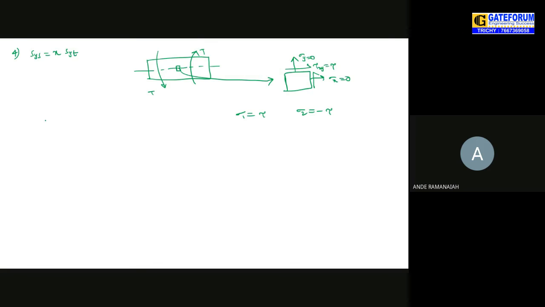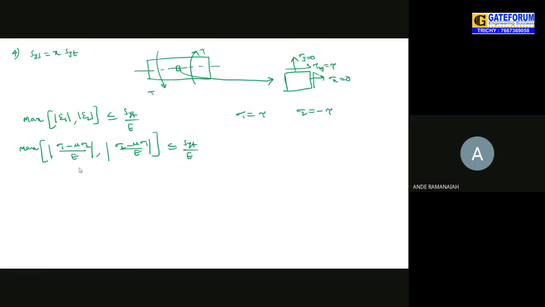Now we write the governing equation for two dimensions. What is that? The maximum of mod epsilon 1, comma, epsilon 2 should be less than or equal to SYT by E. The right side is SYT by E. And epsilon 1 is sigma 1 minus mu into sigma 2 by E, and epsilon 2 is sigma 2 minus mu into sigma 1 by E, should be less than or equal to SYT by E. E will get cancelled.